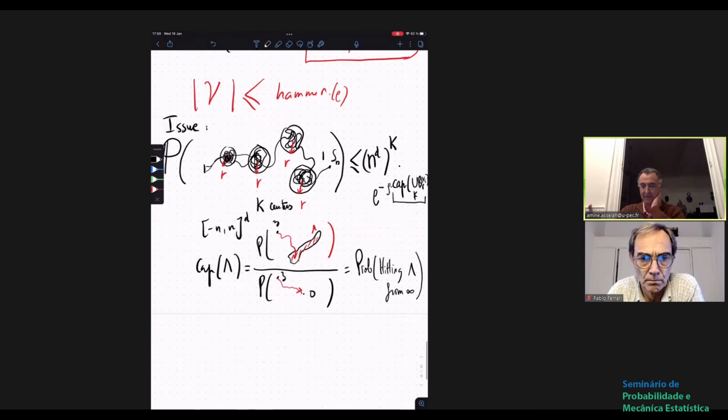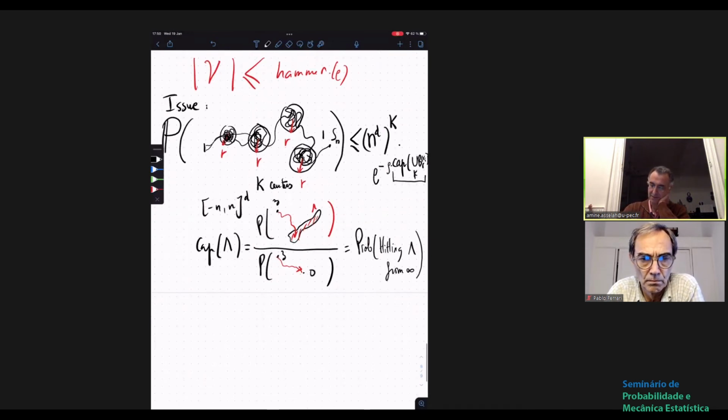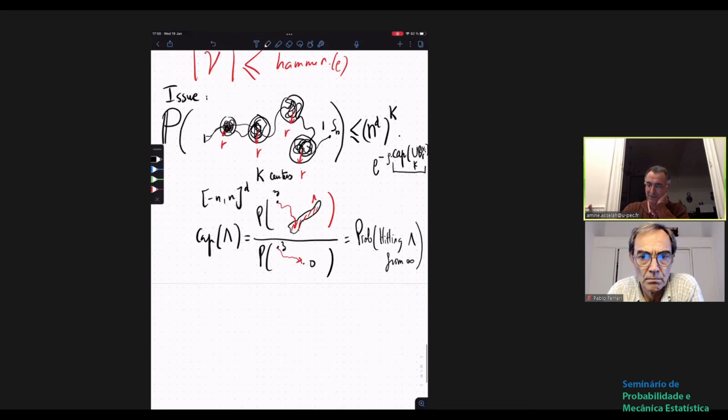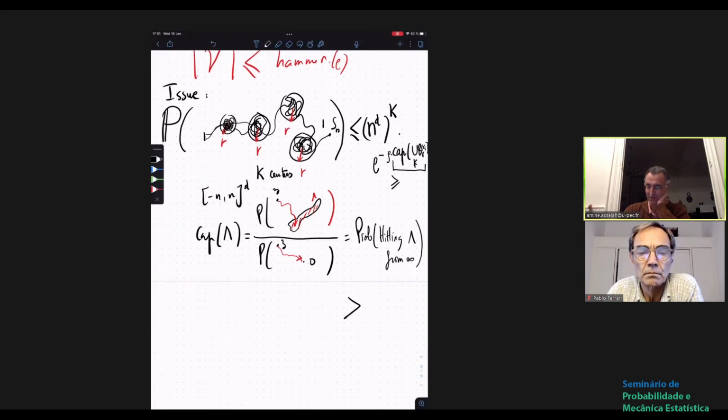What happened is that the only thing one has to know is that the capacity is always bigger than the capacity of a ball with the same volume. So you have this bound. Here you have balls of radius r centered at k, so you have a volume k to the r to the d, to the power 1 minus 2 over d, unless I made a mistake.